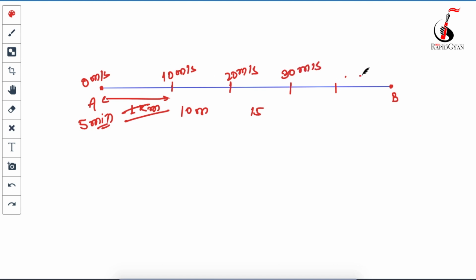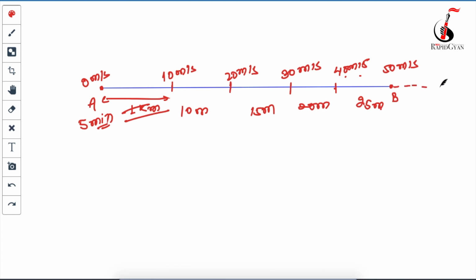Then after 20 minutes it becomes 40 meter per second, and after 25 minutes it becomes 50 meter per second. Suppose you don't have to stop here, you keep going.